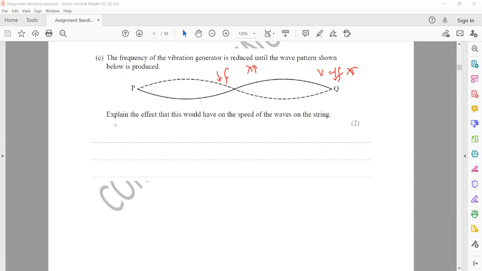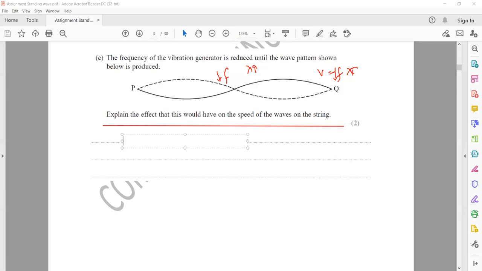So the speed of the wave in a string does not depend on how many loops or vibrations there are. It only depends on the mass per unit length of the string as well as the tension in the string. So greater the tension, greater the speed. If higher mass per unit length, smaller speed.